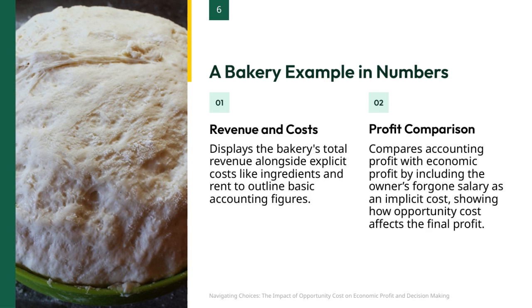The second point dives deeper into profit comparison. It highlights the difference between accounting profit and economic profit by factoring in the owner's foregone salary as an implicit cost. This clearly demonstrates how considering opportunity costs can significantly impact the final profit calculation for the business. Together, these points provide a comprehensive look at the bakery's financial situation from both an accounting and economic perspective.